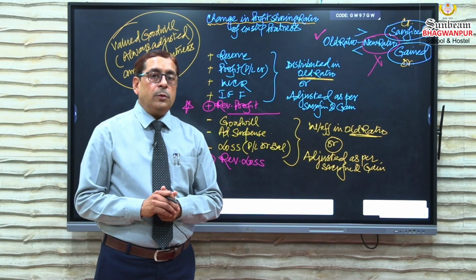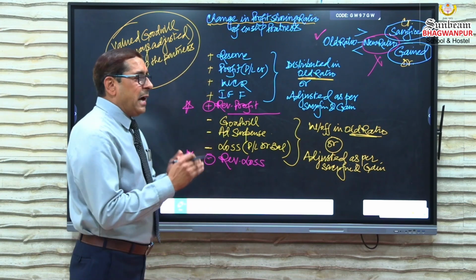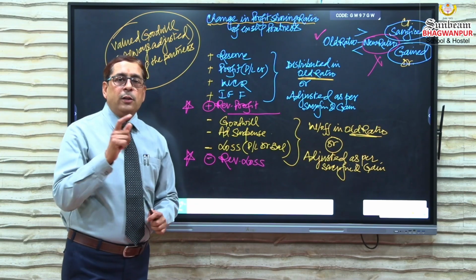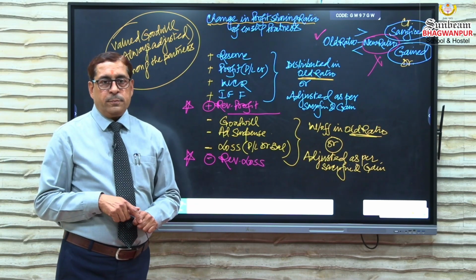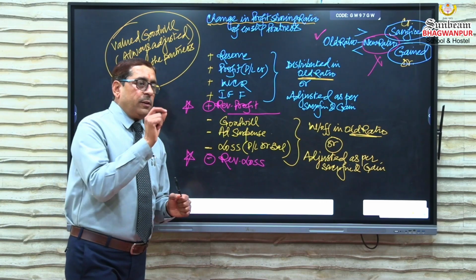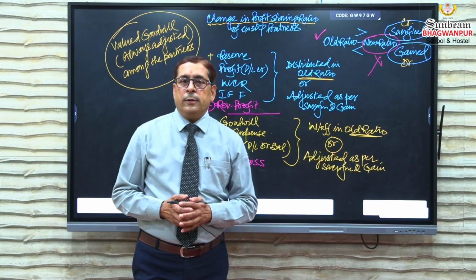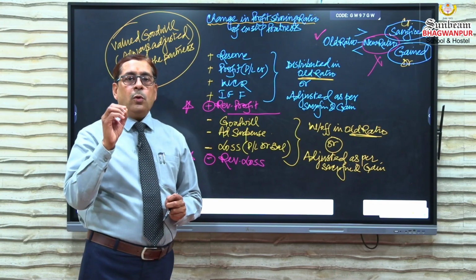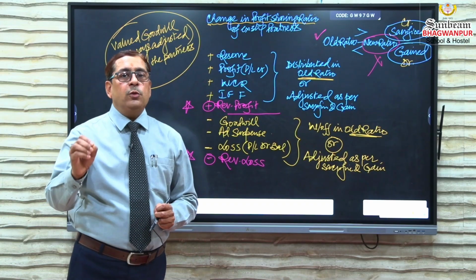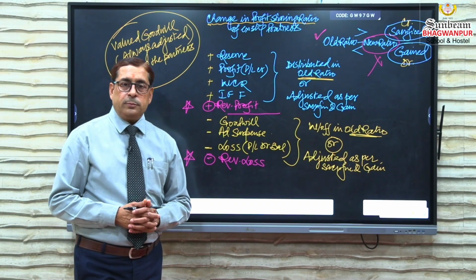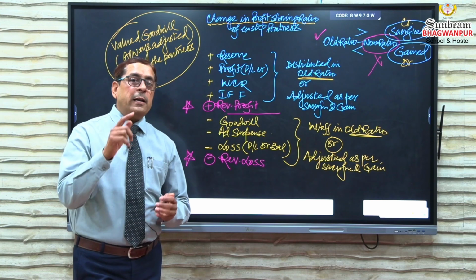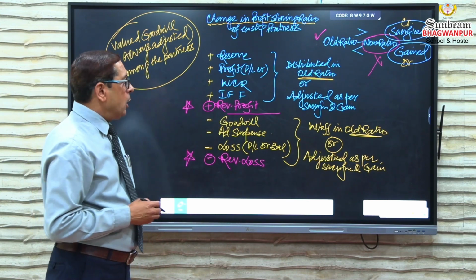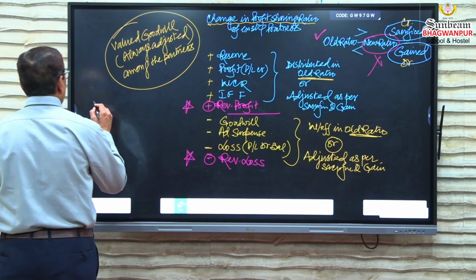Then what to do? In that case, indirectly you are asked that revaluation profit or revaluation loss you have to adjust. If it is written in the question that partners are going to record the revised value of assets and liabilities in the books of account, then indirectly you are instructed that you distribute the revaluation profit or revaluation loss. So make it a point, just remember it.